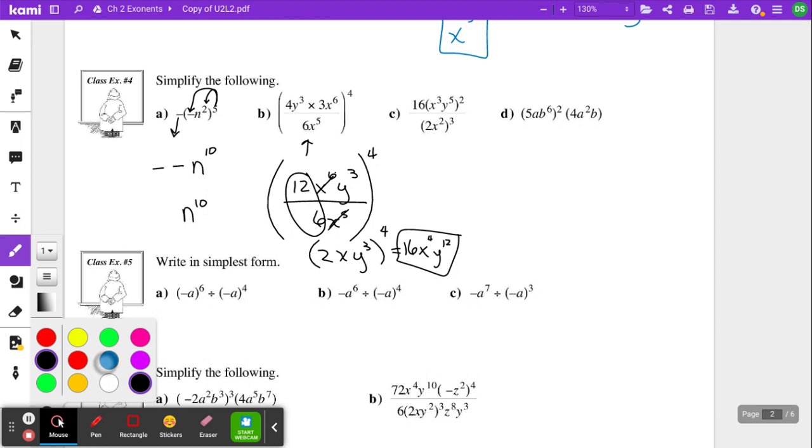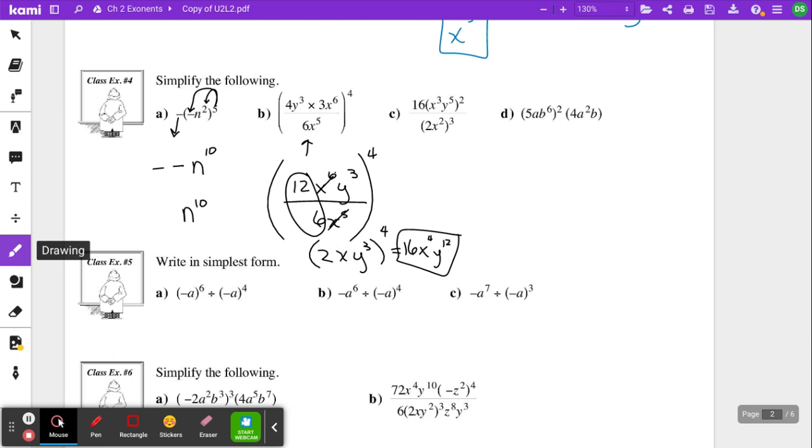All right, C. Let's do C. Any ideas of what to do first here? Here's my question: is there anything inside the bracket to simplify? Like the X cubed and the Y to the 5, can that get anything smaller?